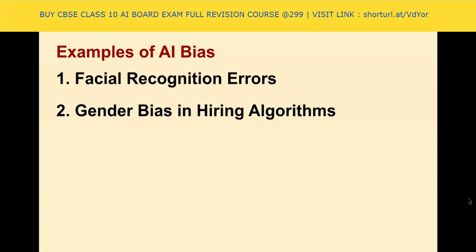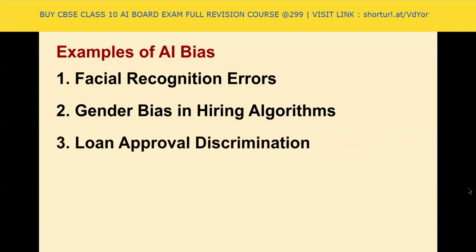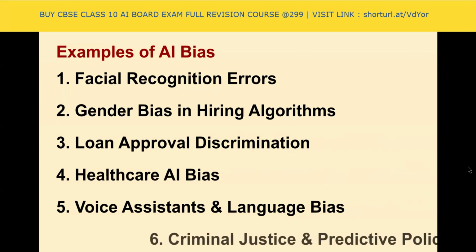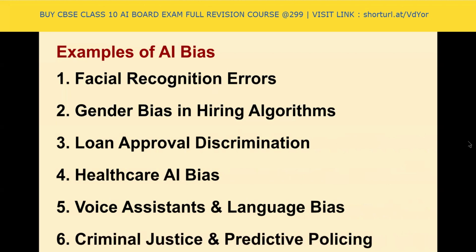Facial recognition errors, gender bias in hiring algorithms, loan approval discrimination, healthcare AI bias, and voice assistants. So these are the five where there is a possibility of AI biases. And one more, which is criminal justice and predictive policing.